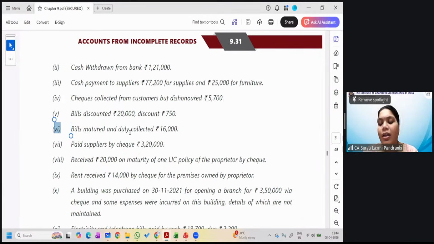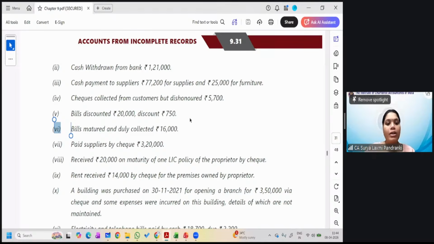Mostly it will be done in bank transactions only. All the bills of exchange mostly will be done under bank transactions unless it is specified that it is collected in cash. Mostly it is collected through bank because it is an agreement. They pay it through check or through bank. If it is specified, then you take it to cash.